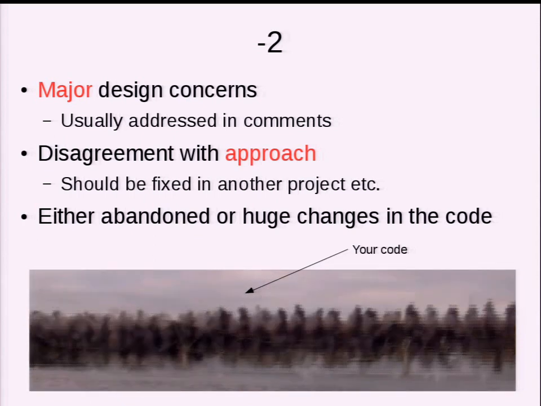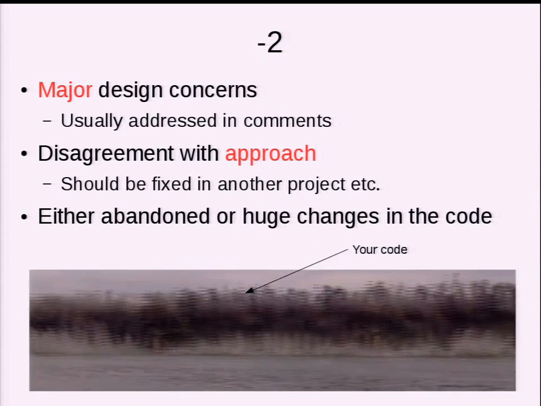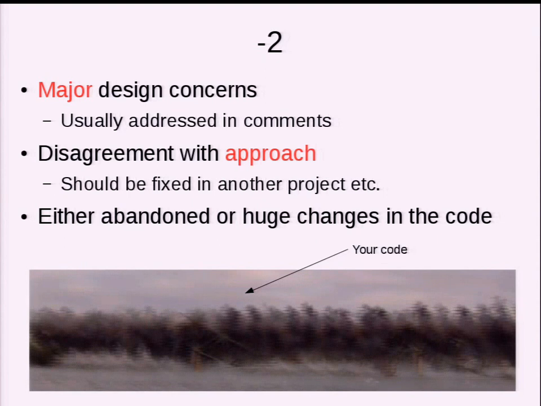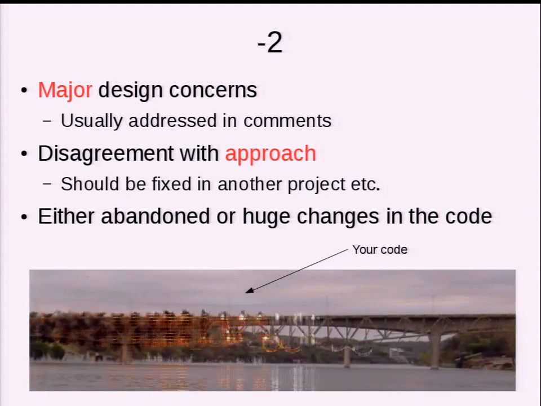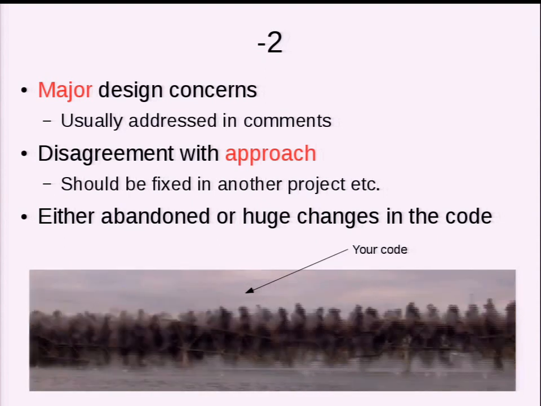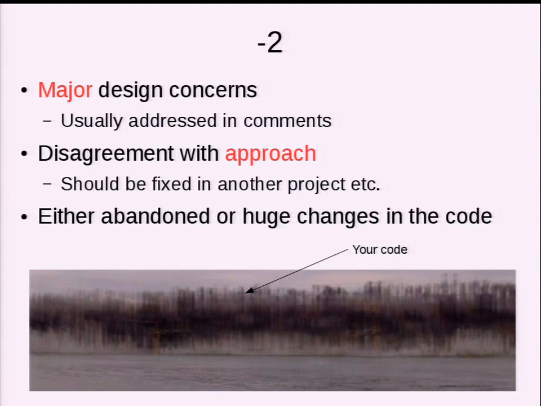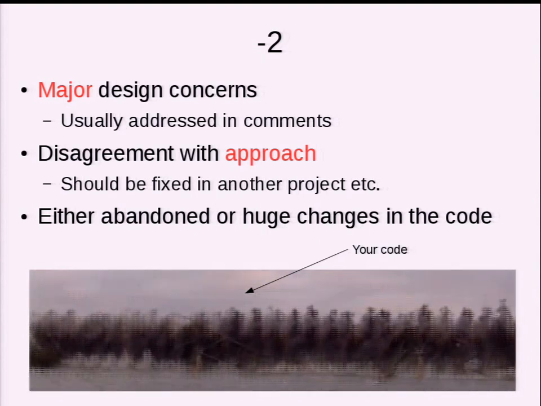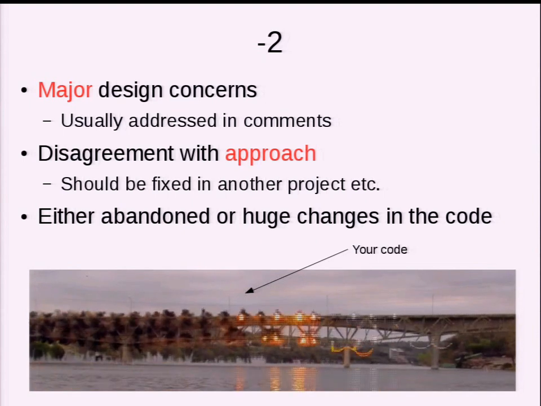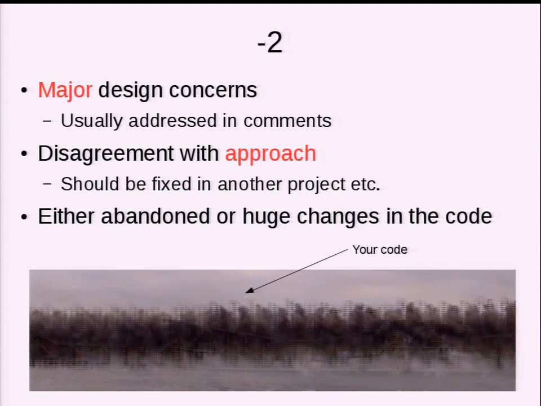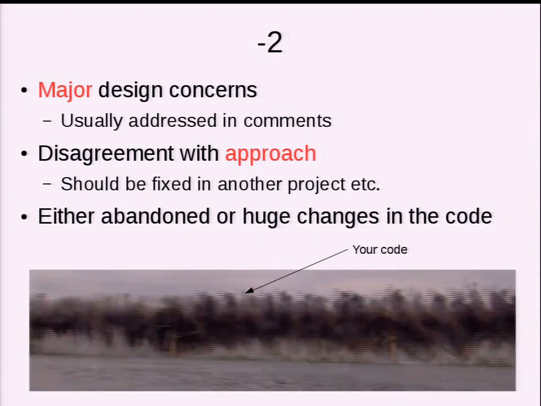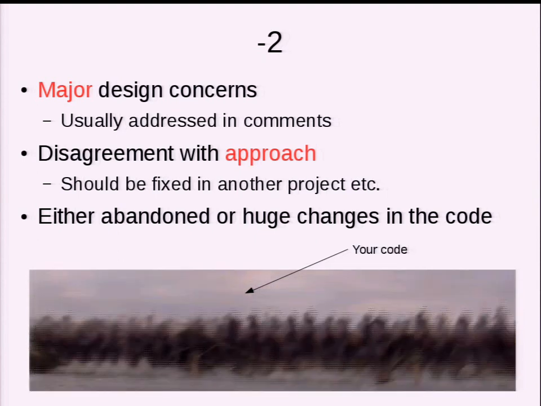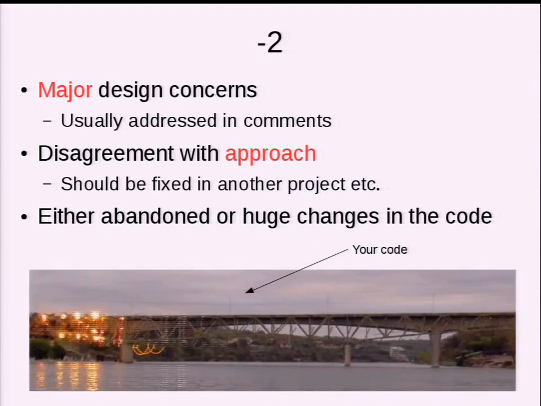Everyone agrees that this bug is there and everyone agrees that we need to fix it, but the contributor might try to push the solution this way, and the committer wants to push it the other way. It can be a disagreement, as I said, also with the approach.